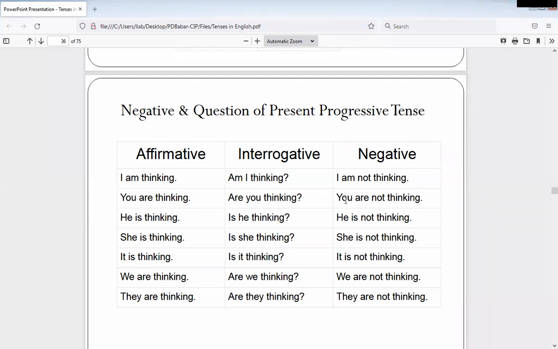She is thinking. If this is the affirmative, its negative is she is not thinking. Okay, and its interrogative will be is she thinking? Okay, so these are the three types of forms of a sentence. Okay, it is thinking. This is the affirmative.